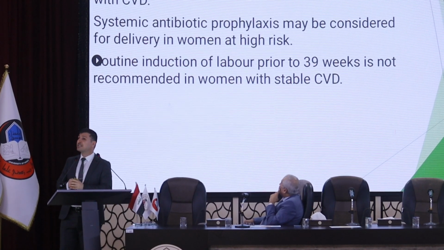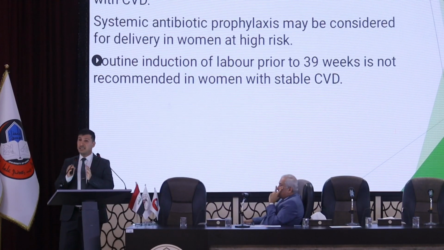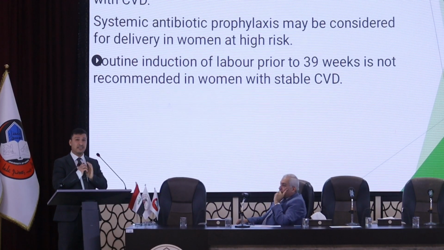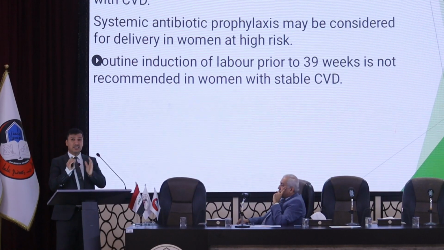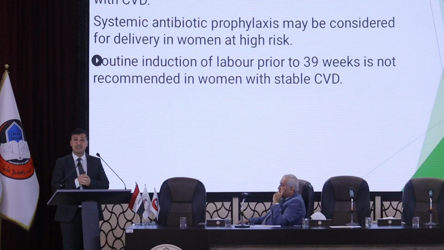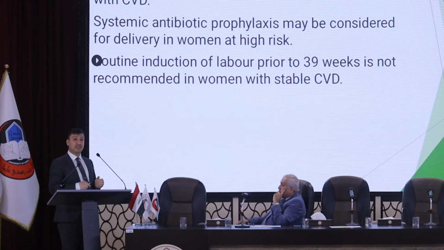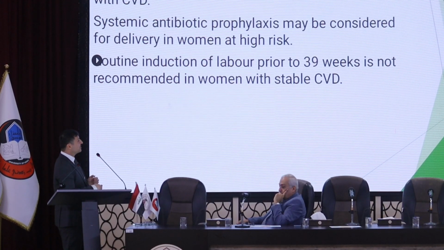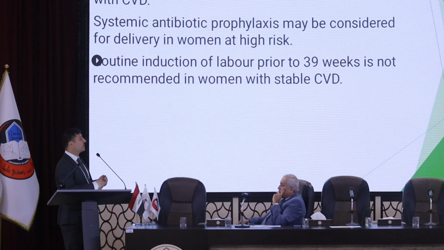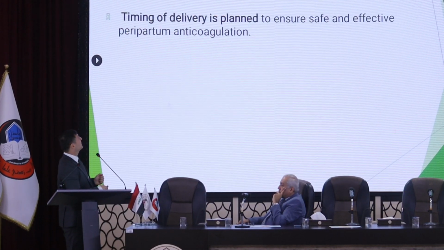Systemic antibiotic prophylaxis, even if there is a lesion that may predispose to infective endocarditis, is not recommended in normal vaginal delivery. Please don't be in a hurry and induce labor prior to 39 weeks, if everything is okay and we have stable cardiovascular disease. So 39 weeks of gestation is the timing for delivery in stable patients.